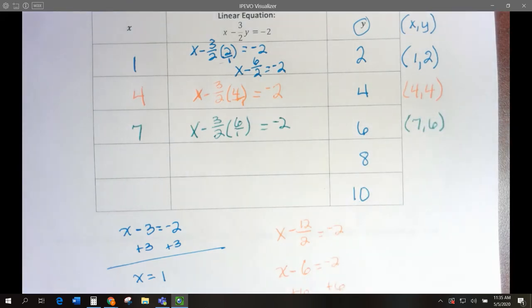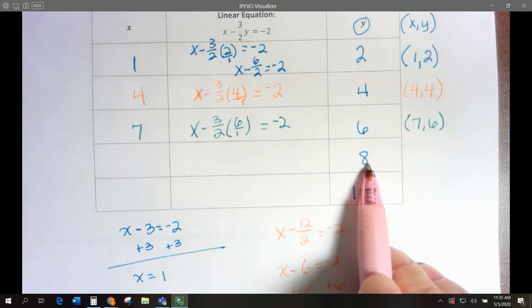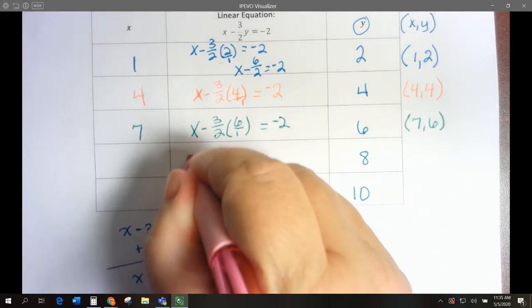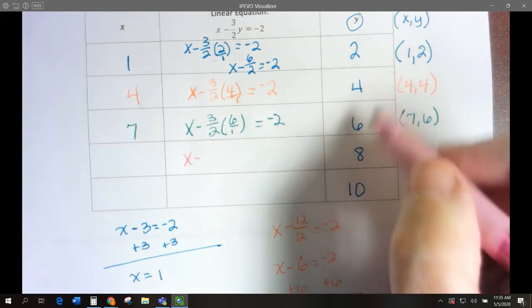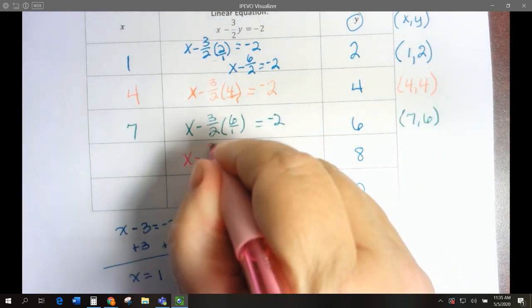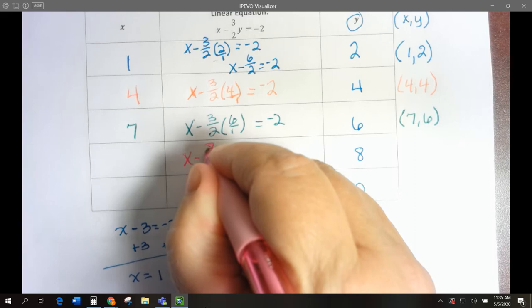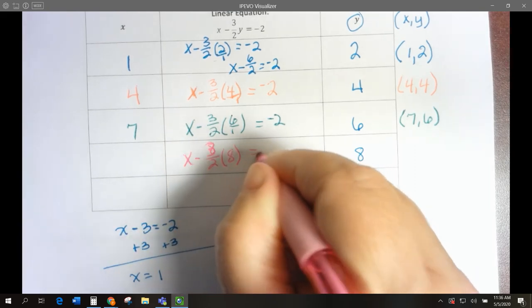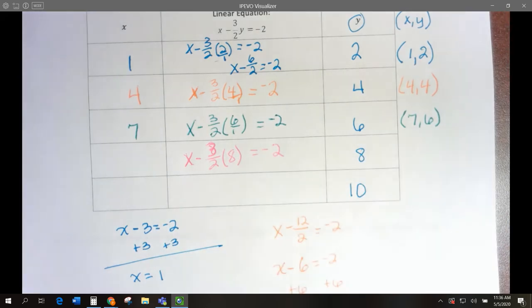Let's do this one where we're going to put 8 in for y. x minus 3/2 times 8 equals negative 2.